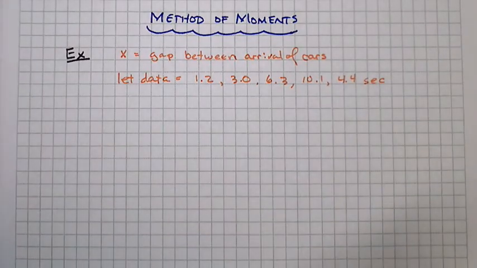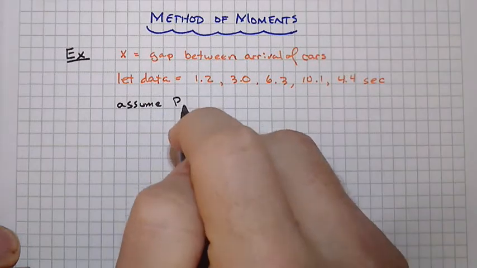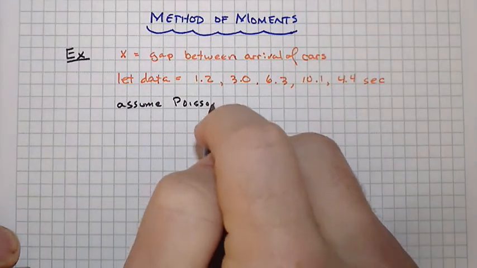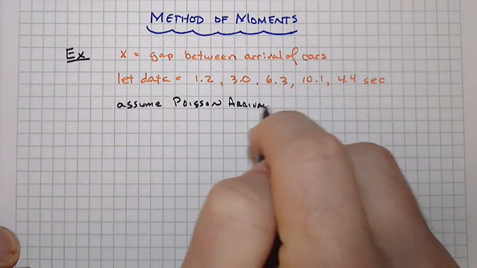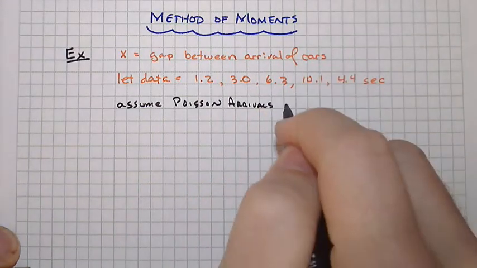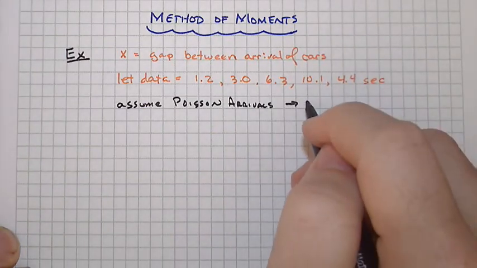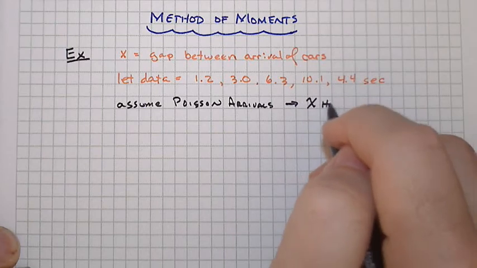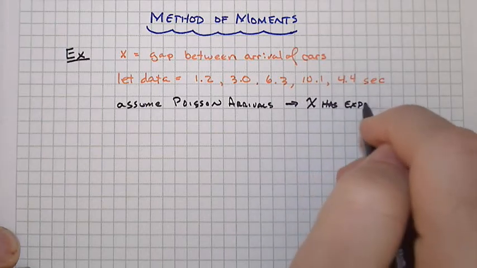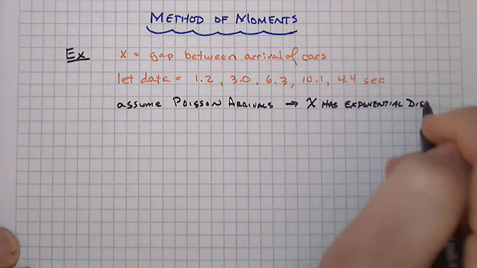And we're going to assume that we have Poisson arrivals, which is going to tell us, from a theoretical standpoint, that x has an exponential distribution, right?